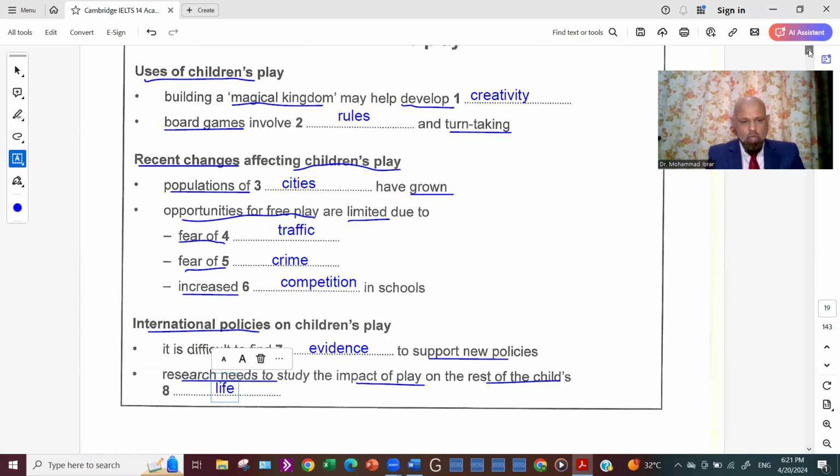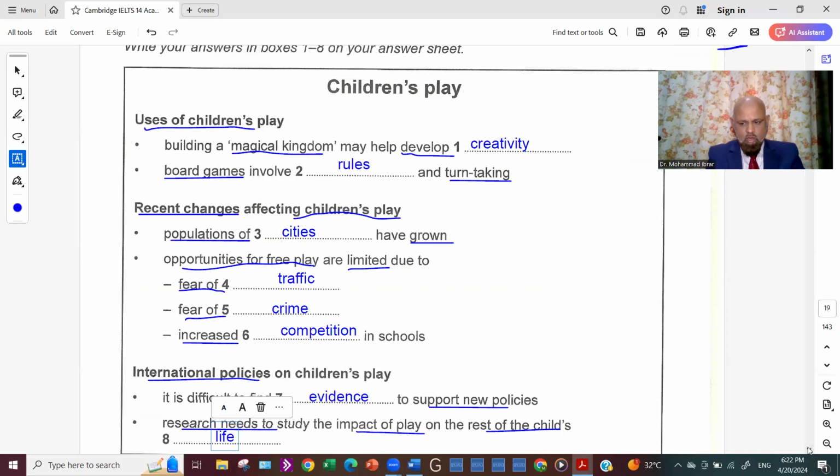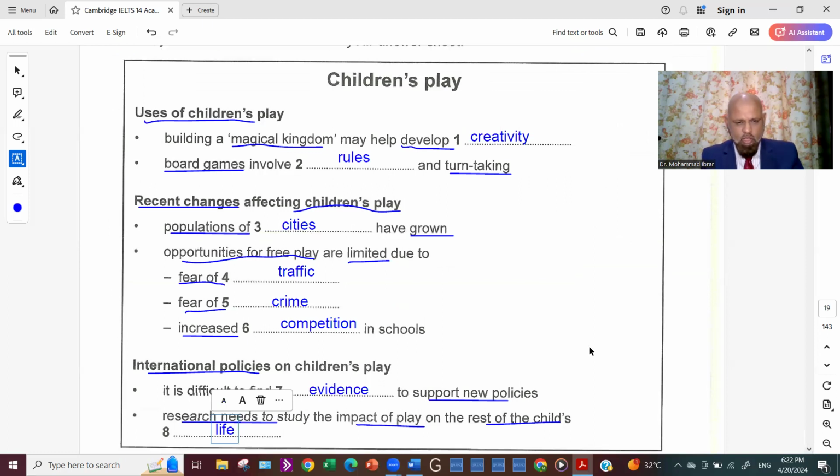Now let's go through these answers quickly, to check whether they fit grammatically or not. Building a magical kingdom may help develop creativity. Yeah, it fits. Board games involve rules and turn taking, so it has two things to offer. Population of cities increased because people are moving from villages to cities.